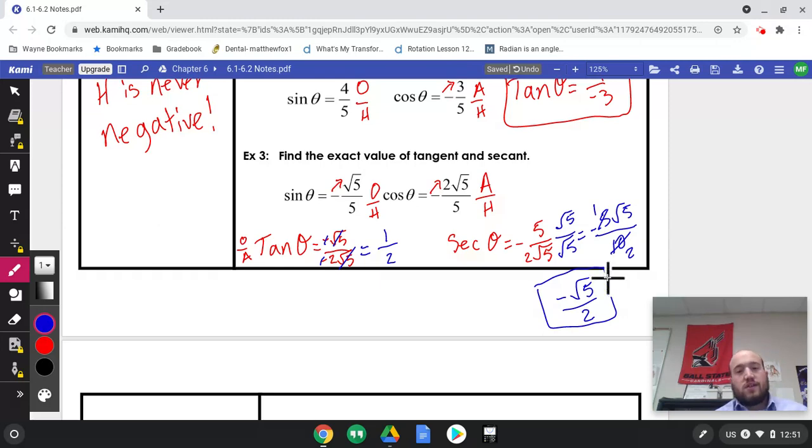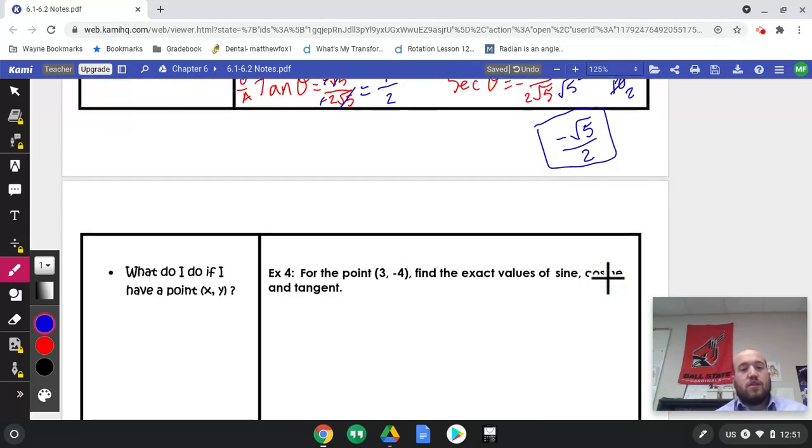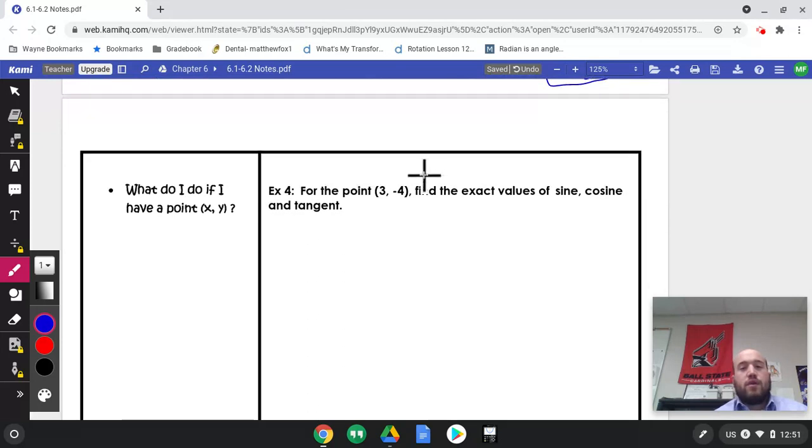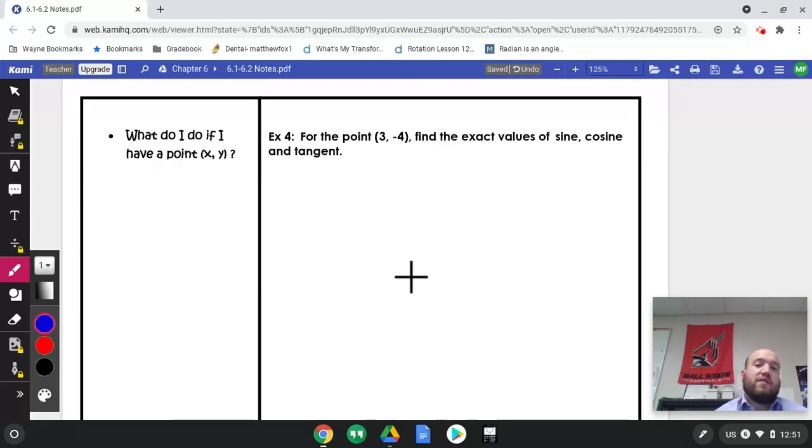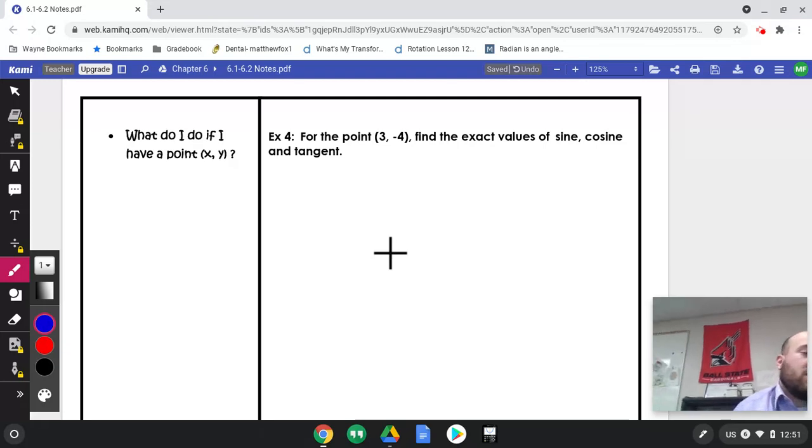So the next thing I want you to do, as we go to the back here, what do we do if instead of the sine and cosine, we're given a specific point? Okay, so we can identify this point with enough information. If we think about on the coordinate plane, the first thing we want to do is draw a triangle.